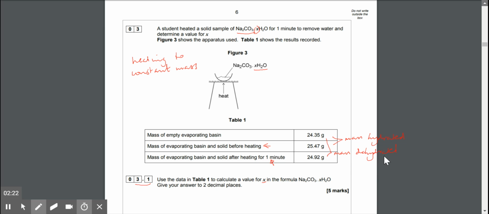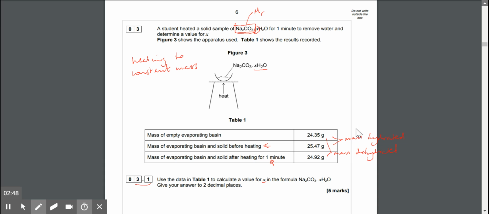Okay, so if we had the mass of the dehydrated solid, we've got the formula of the dehydrated solid. That's just that bit. So from which we can work out the MR of that. So if we have the mass and the MR, we work out the moles. Now, if we had the moles of the dehydrated solid, then that's going to be the same as the moles of the hydrated solid.